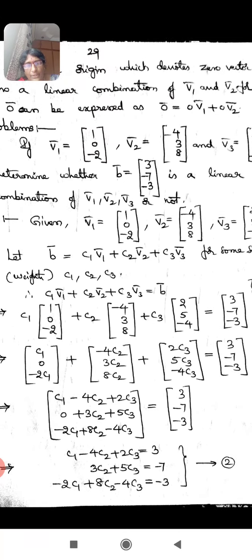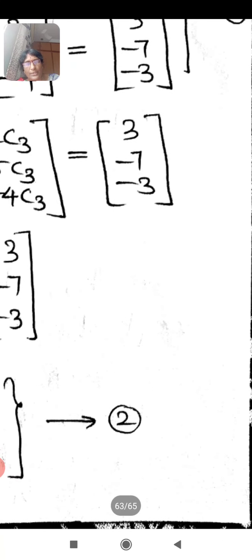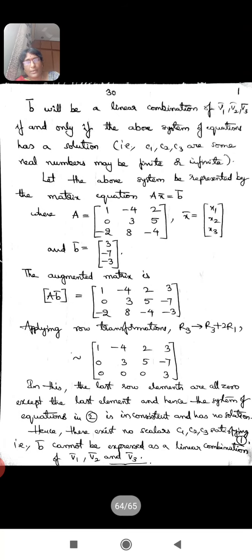Now by using the equality of matrices, equating the corresponding elements in both the matrices, we get three equations, and we can see this is forming a linear system of equations in the variables c1, c2, c3. I am representing it as equation number 2, whereas the linear combination I have represented as equation number 1.